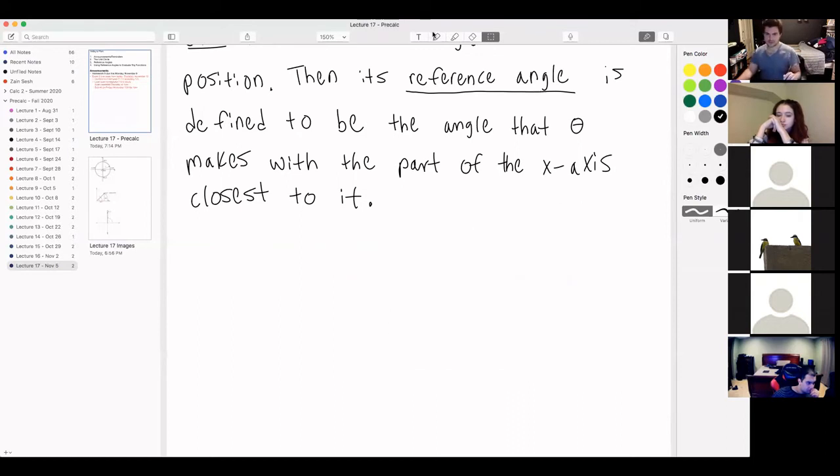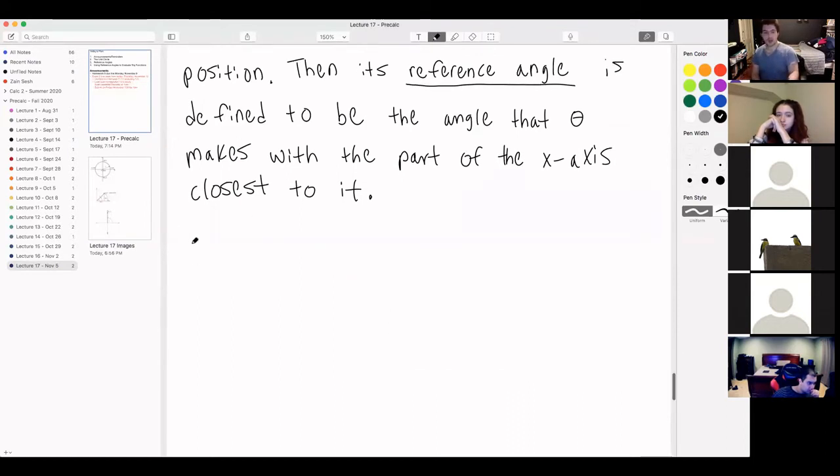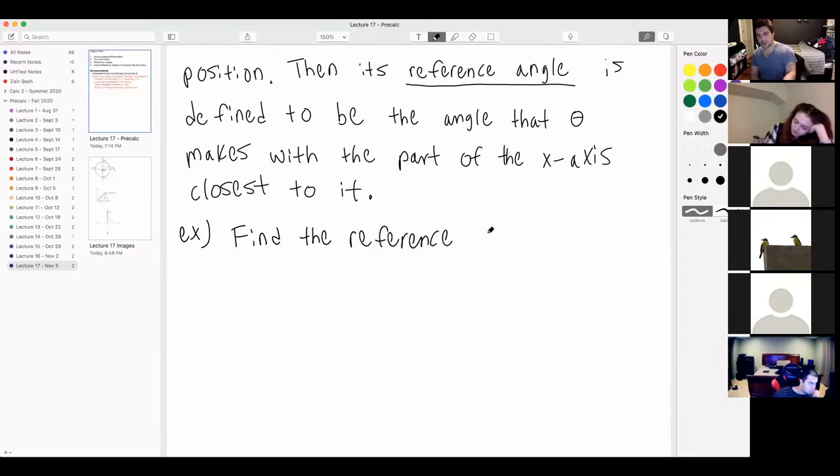So let's just jump straight to examples. All right, here we go. Find the reference angles for. So I'm just going to list a bunch of angles, and we're going to find the reference angles for each.